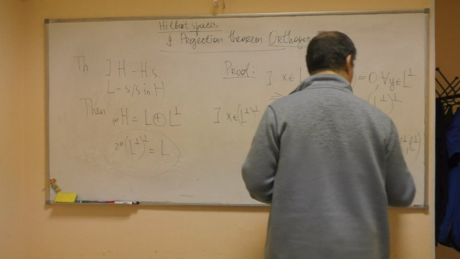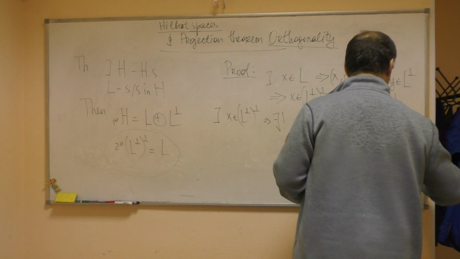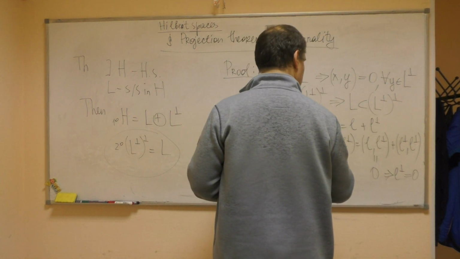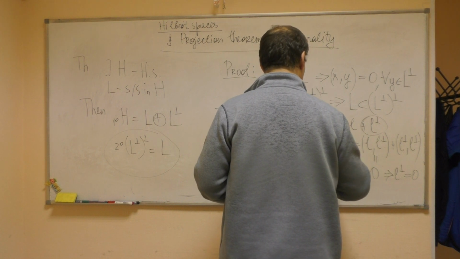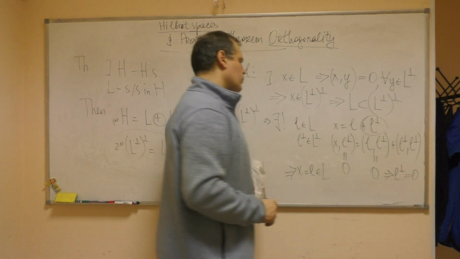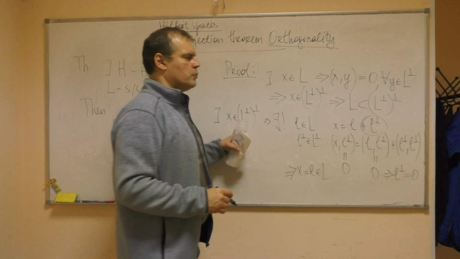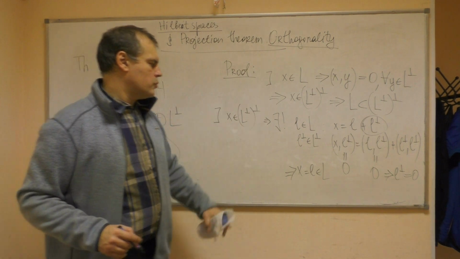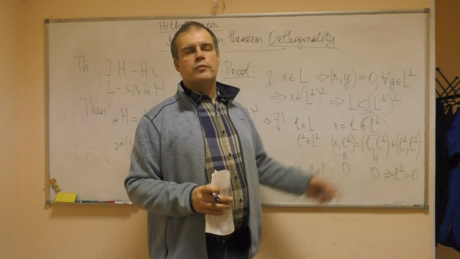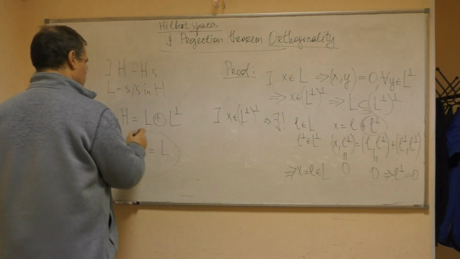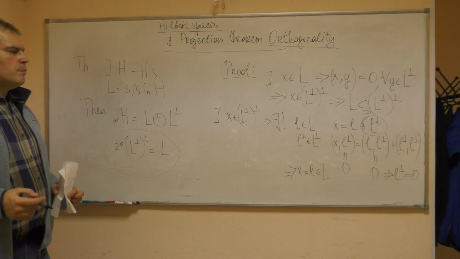So the third term is also equal to 0. So L orthogonal squared is 0. And here it is 0, so x is equal to L, which belongs to L. So we proved that x belongs to L, and now we have proved the opposite inclusion. So finally our second orthogonal complement coincides with L.